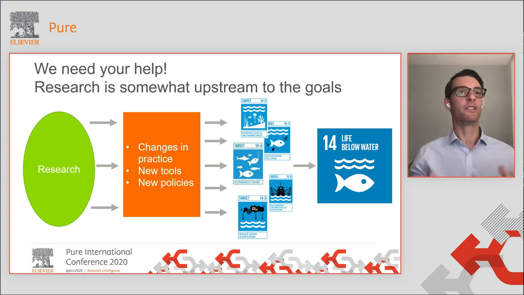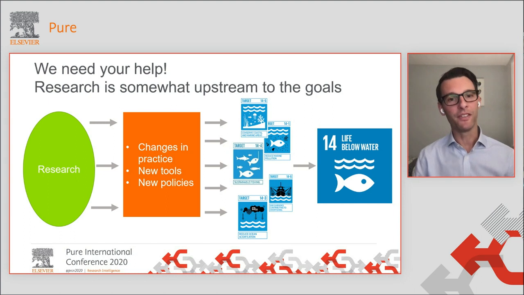Maybe there are practices which happen which are not documented, which these changes affect. And these will affect the different goals within an SDG, and those at the end will affect the SDG itself. Now, because of this, we are using search queries, which, if you don't have the correct word in your document for the search query, then your document may not show up, which is why we're also using machine learning.